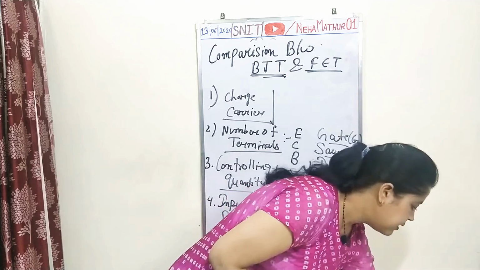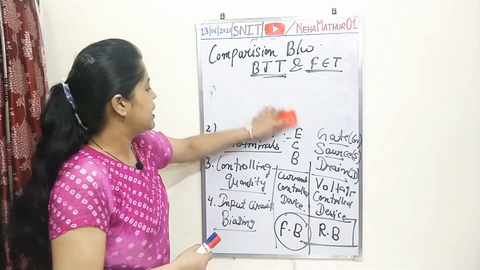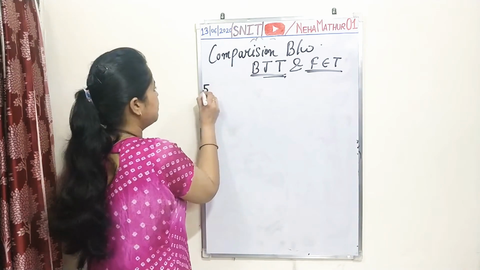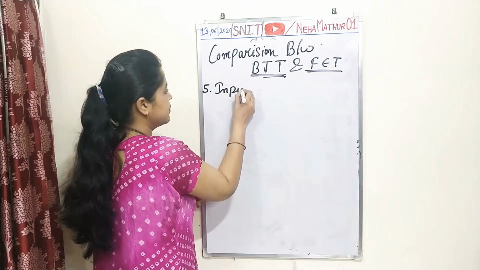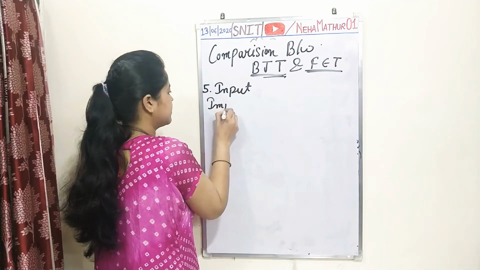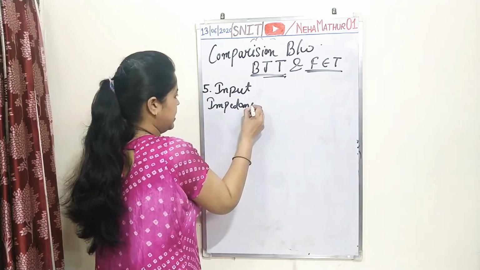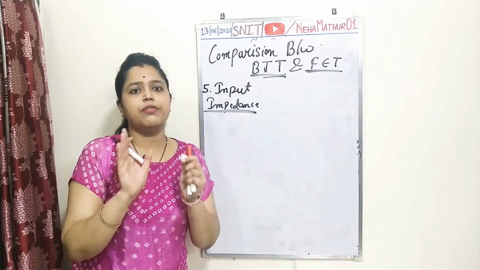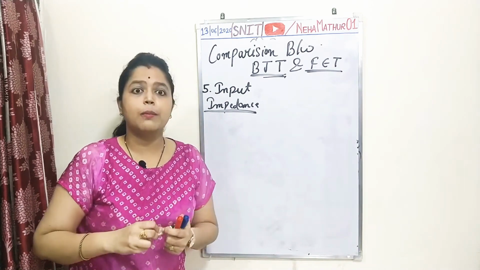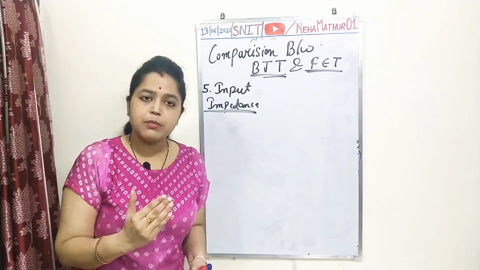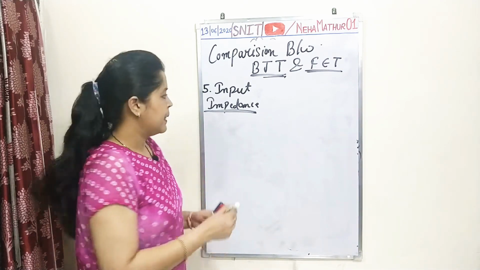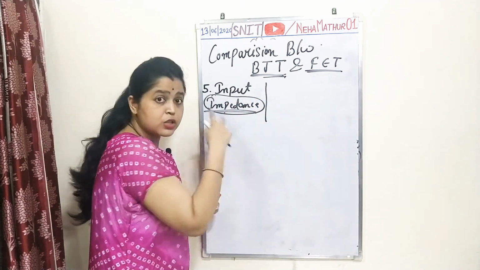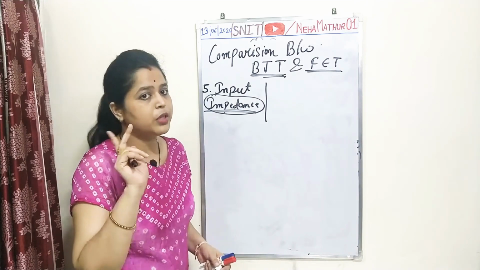Now come to the next parameter, and your next parameter is input impedance. The fifth point is input impedance. Impedance is nothing but the combination of resistance, or you can say the combination of disturbance in the flow of current. So input impedance means the impedance or the disturbance at the input terminal.